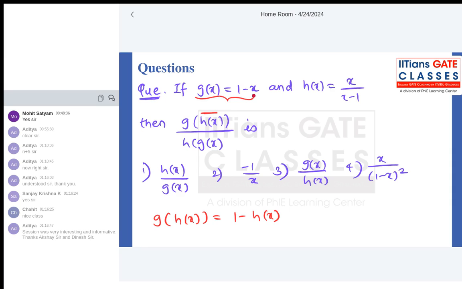So therefore, your g of h of x becomes 1 minus h of x. And similarly, h of g of x becomes g of x divided by g of x minus 1. I hope this is clear because this is the most important step. If you have any doubt, please ask. I'll wait for a couple of seconds, or you can type it out also, no issue.